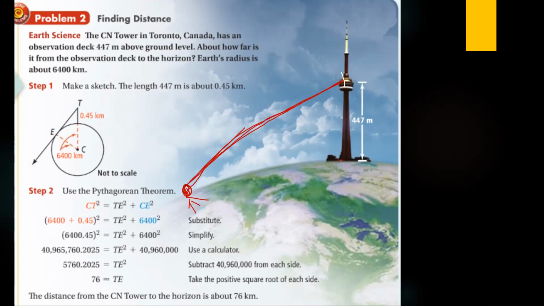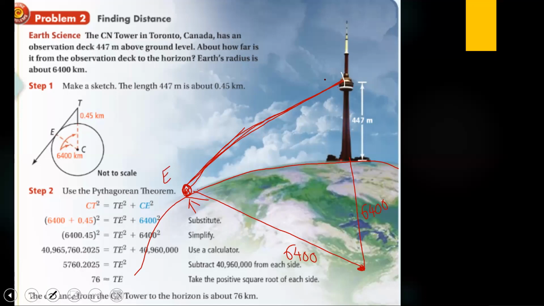We know that the length of the tower is 447, and I imagine this is the center of a circle. The radius of the circle, the radius of the earth, is 6,400. Now I need the distance from this man at point E up to the tower at point T.